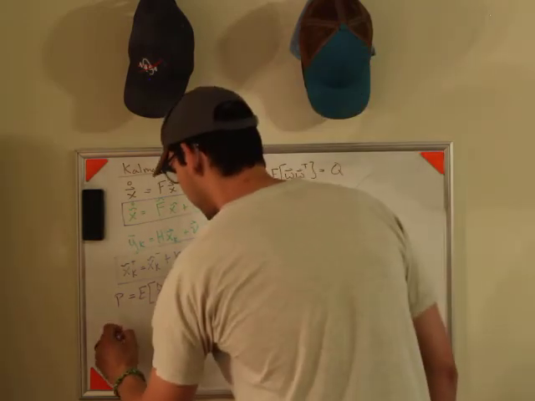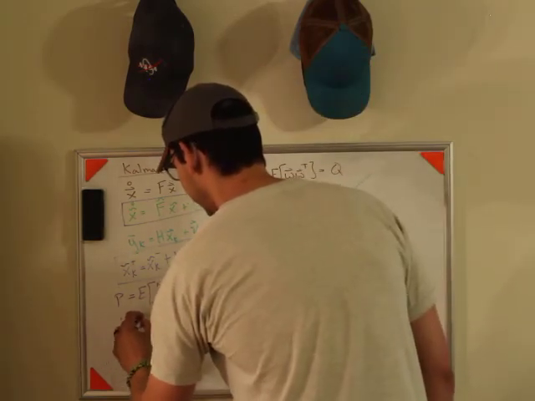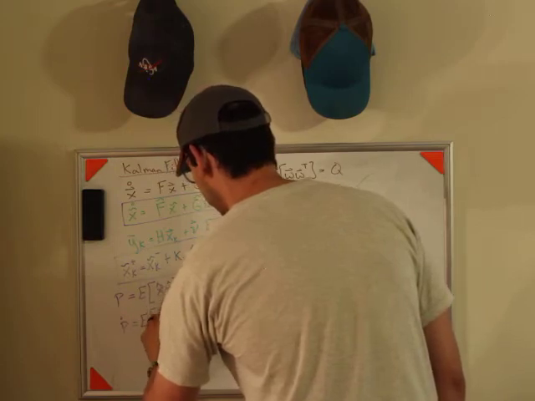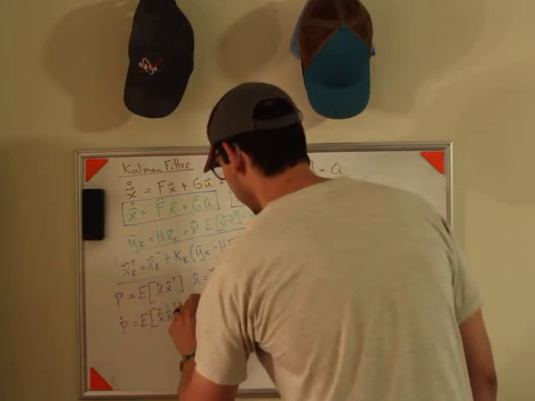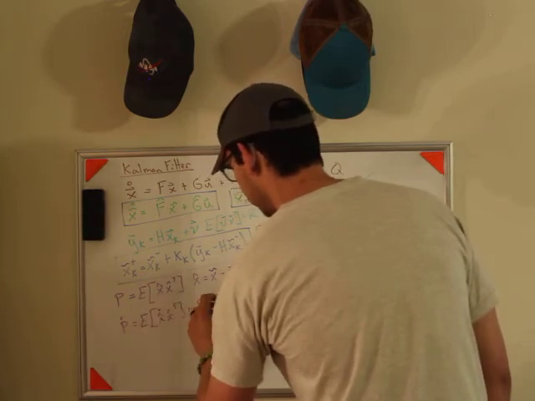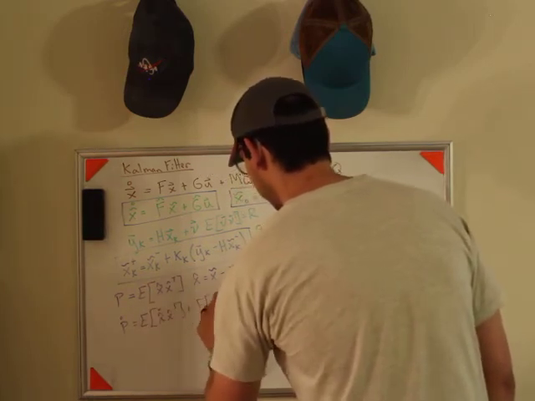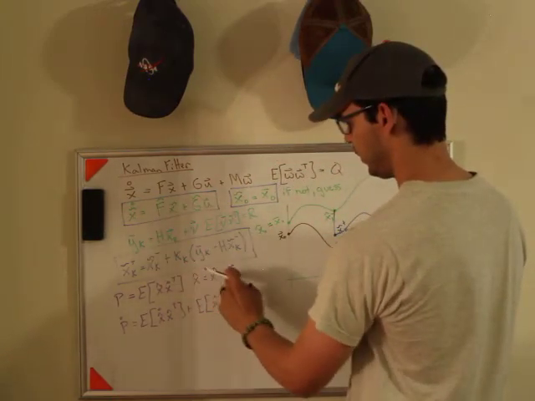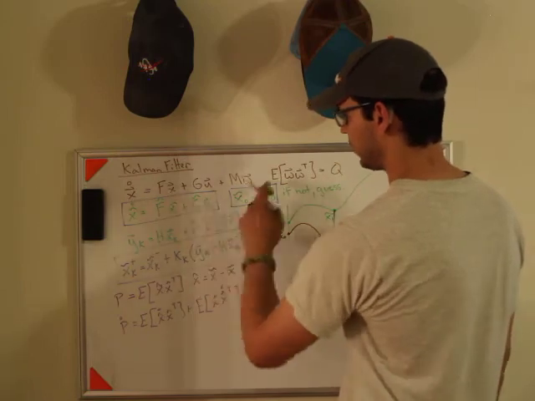Now if I want to grab P dot, that's going to be the expectation of x hat dot transpose plus x hat, I've got to do chain rule, x hat dot transpose, and x hat dot is x tilde dot, which is this equation, minus x dot, which is this equation.